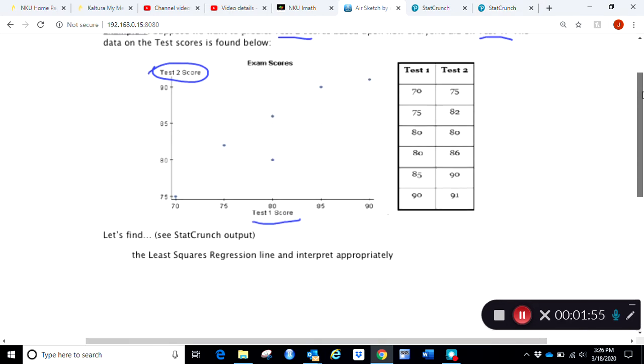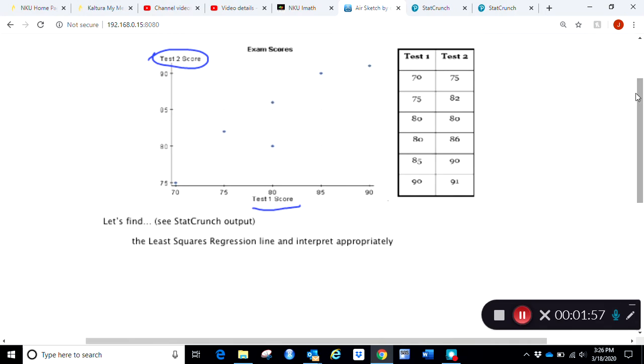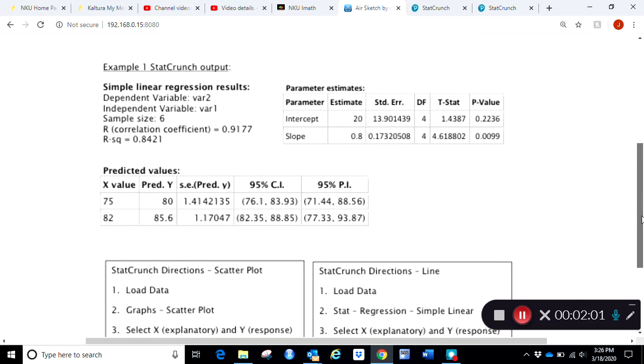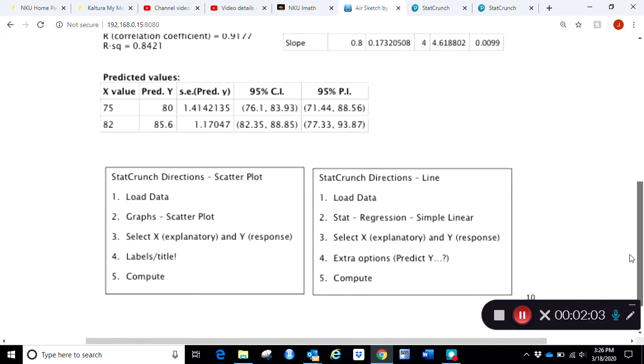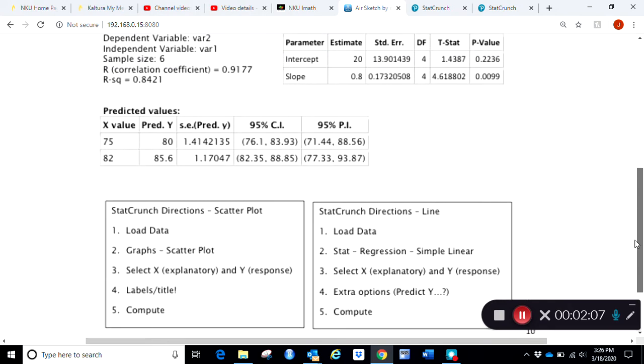Now we're also going to get the least squares regression line. The StatCrunch output for you is actually here on the next page that we're going to use, as well as these directions that I'm going through. So now I'm going to be following the directions. I have my data entered versus actually loading it, so I could load the data as well.